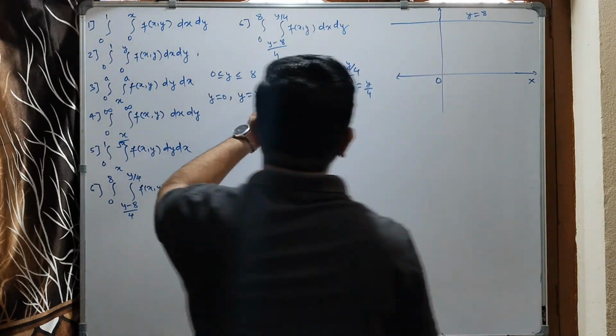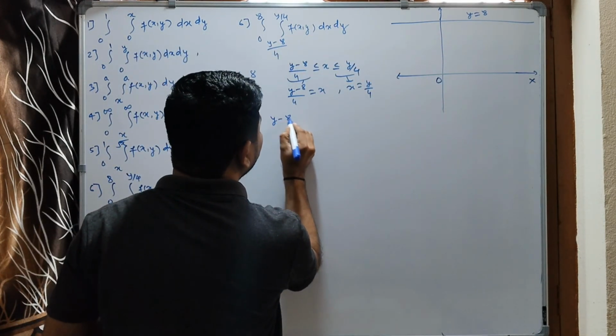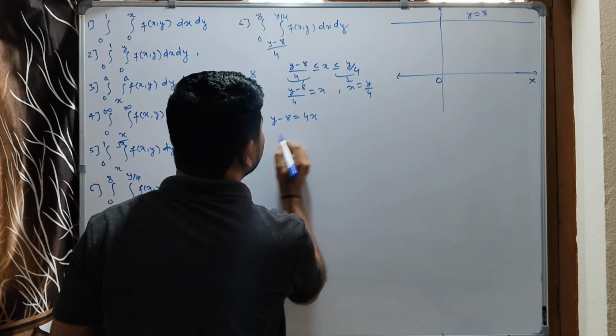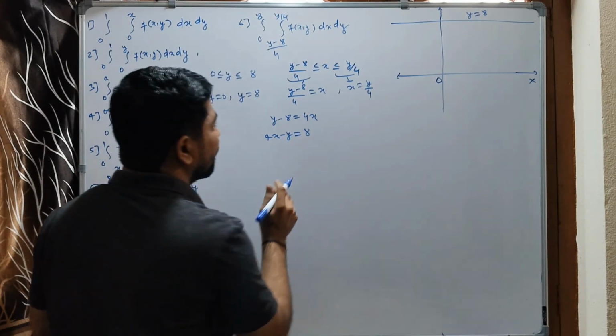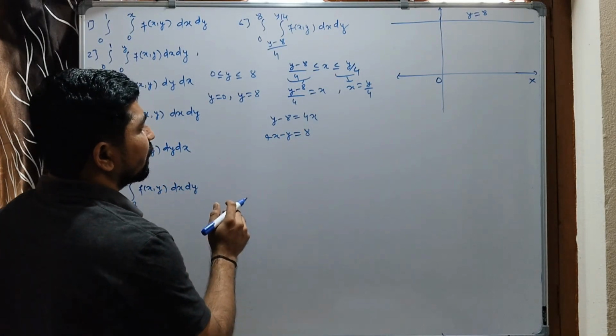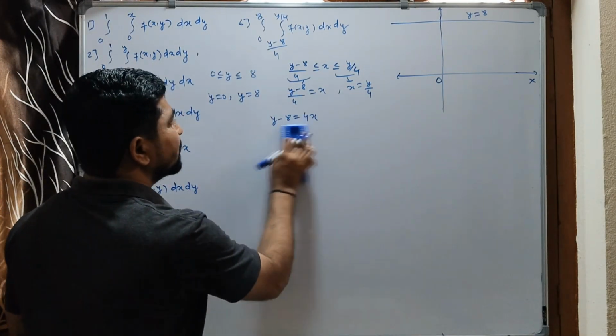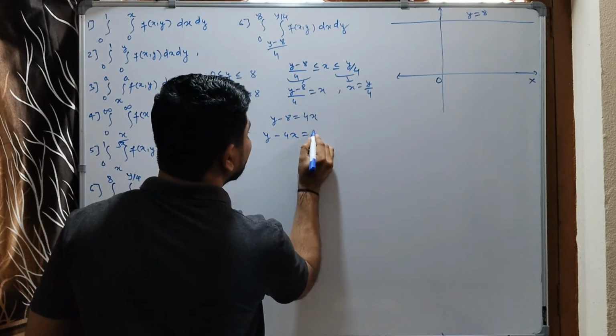Now (y minus 8)/4 is equal to x. So I will write y minus 8 equal to 4 times x. So 4x minus y equal to 8. Here y minus 8 equal to 4x, so y minus 4x equal to 8.